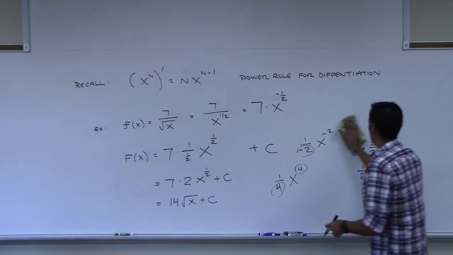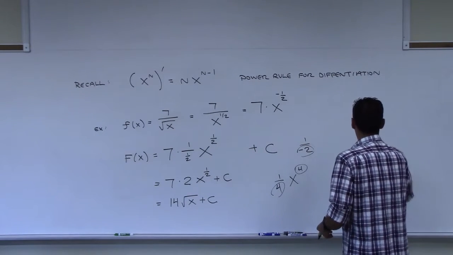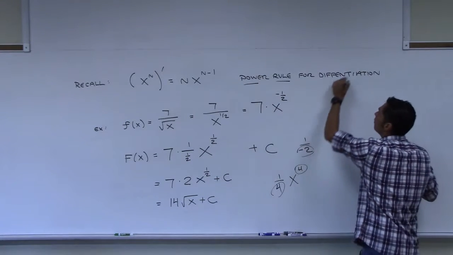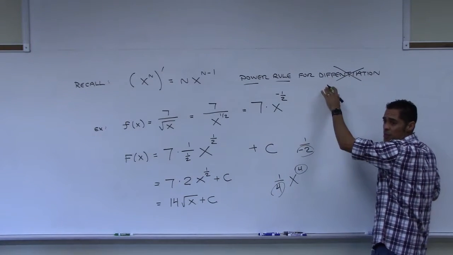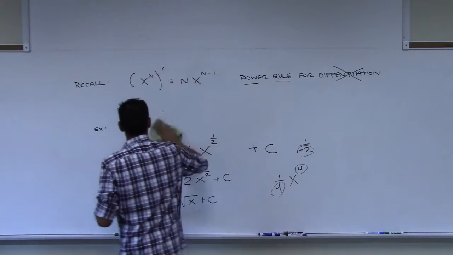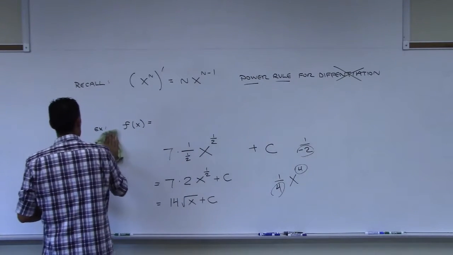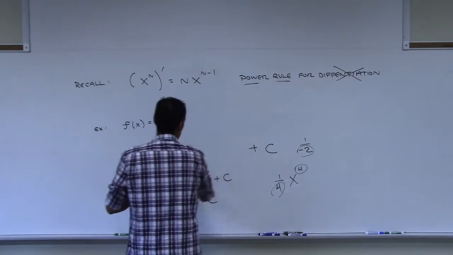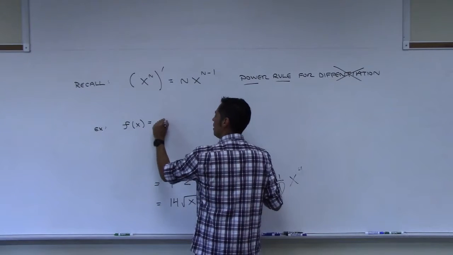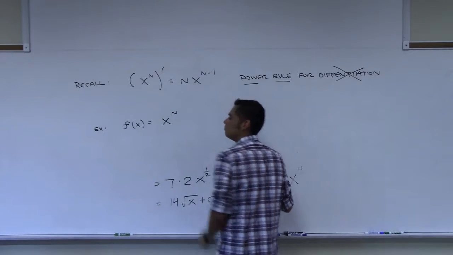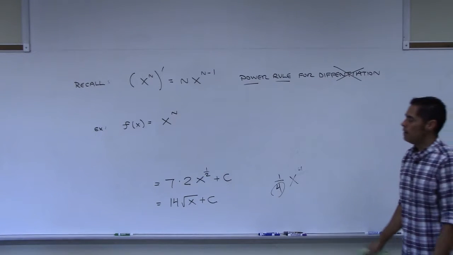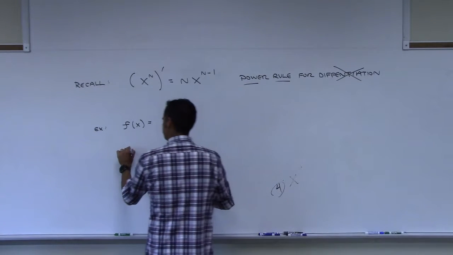All right, I think we're ready for the rule. We're going to have what's called the power rule right now, but for integration, not differentiation. So let's see if we can do it. We'll put it as an example. So what if you have a function and it's x to some power? What would the antiderivative be?